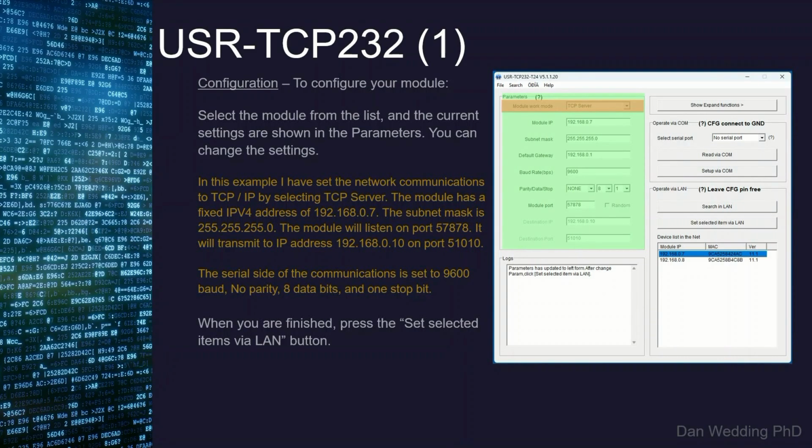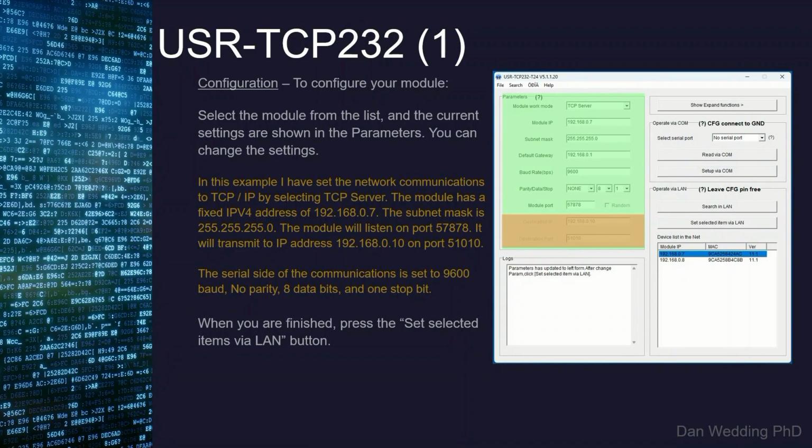In this example, I have set the network communications to TCP/IP by selecting TCP server. The module has a fixed IP address of 192.168.0.7. The subnet mask is 255.255.255.0. The module will listen on port 57878.